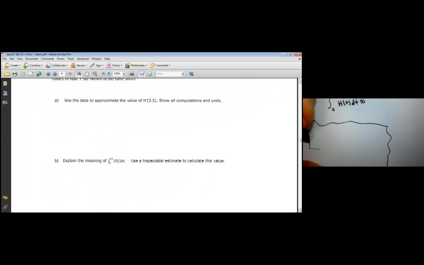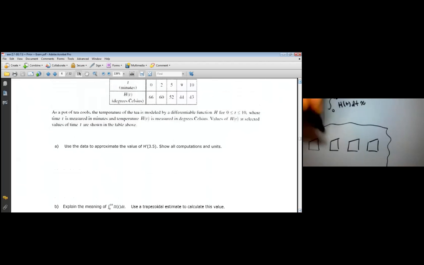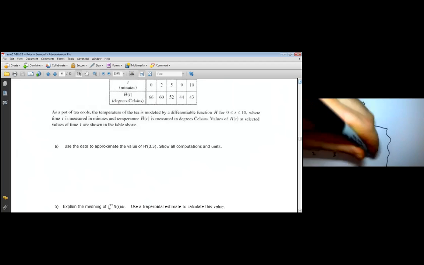So we've got 1, 2, 3, and again, this is just scratch paper, 4. Okay, I got 4 trapezoids, and then I want to get the dimensions ready for these trapezoids. So the dimensions are going to be 2, 3, 4, 1.